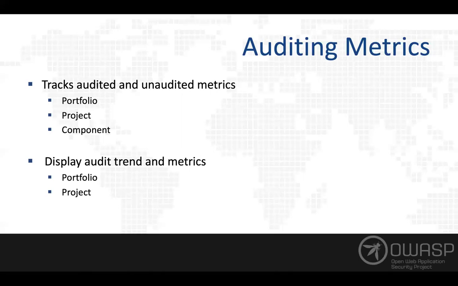So when you come up with results and go through the auditing, the triaging workflow, looking at the actual findings, making comments and analysis decisions, we're now tracking that just like any other kind of statistic. We're tracking that at the portfolio level, at the project level, and at the component level. However, auditing is a best practice, right?